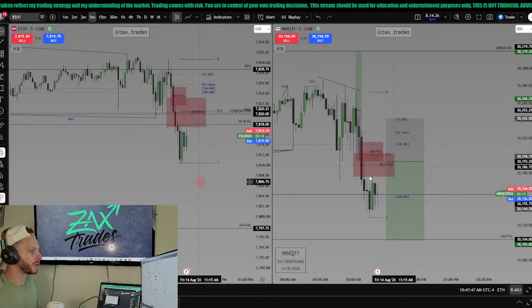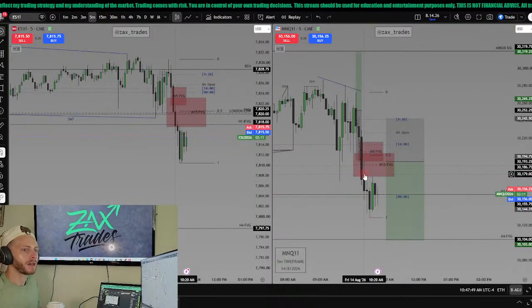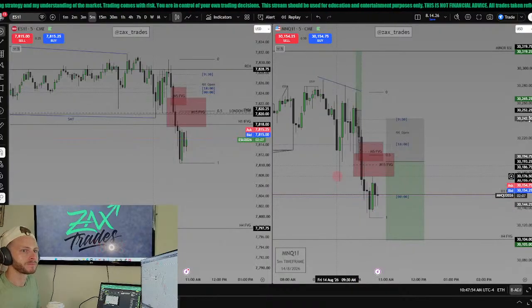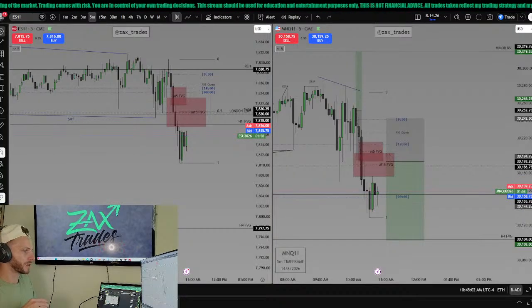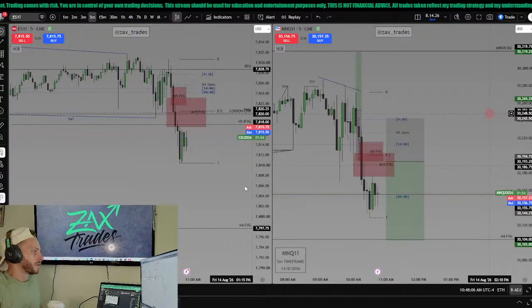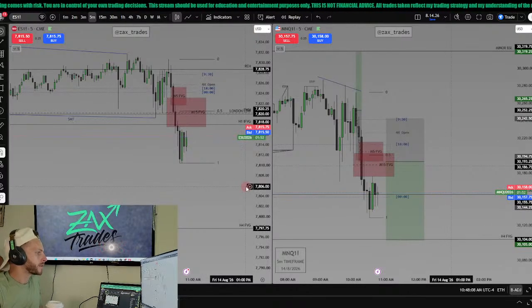All right. So that 15-minute, why do I like it? I like it because it is overlapping my equilibrium in that leg. Now, obviously that is relative, right?